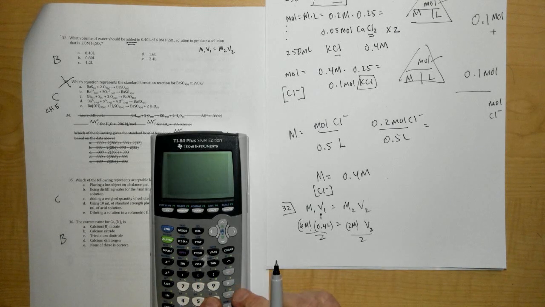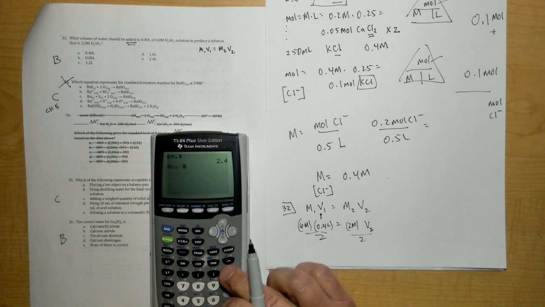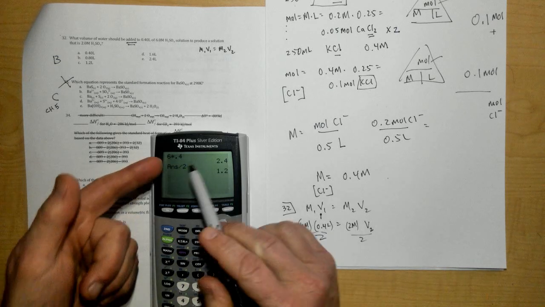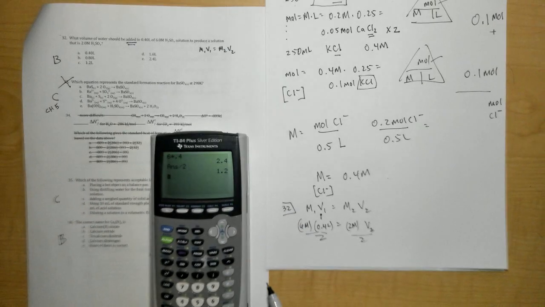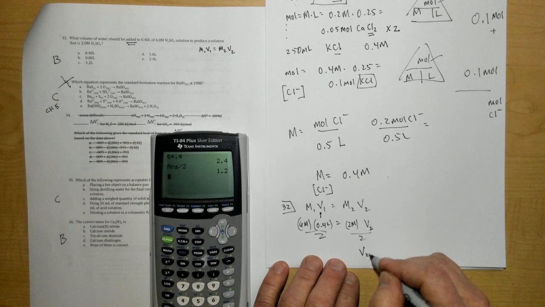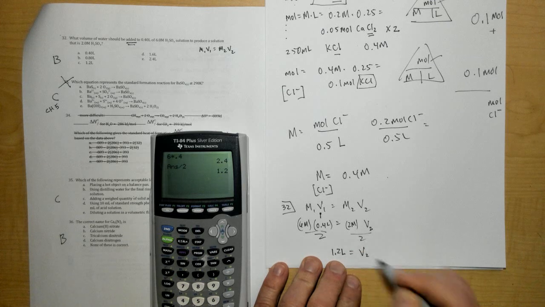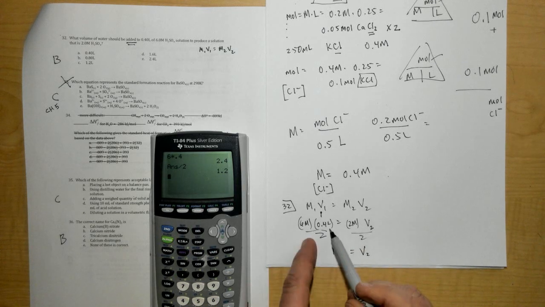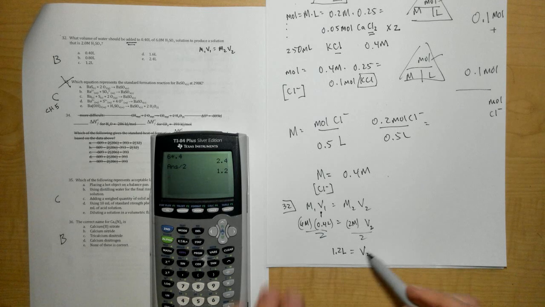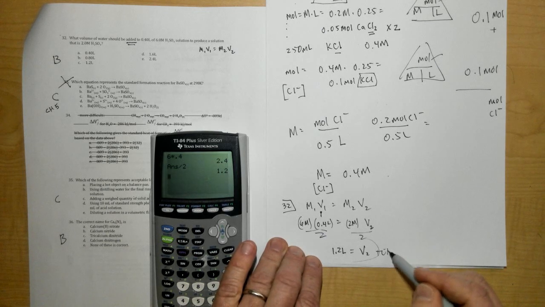So let's just do the whole thing on the calculator. 6 times 0.4 divided by 2 equals, make sure I put multiply signs and divide signs, 1.2, so my final volume is 1.2 liters, okay, because I started with 0.4 liters. Now it asks how much water was added. Well, this is my total final volume.